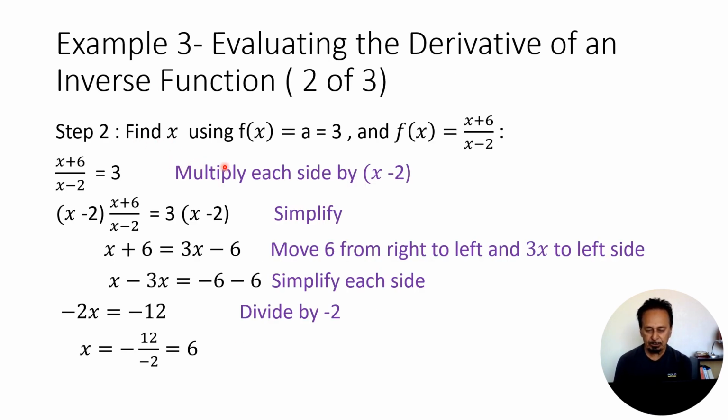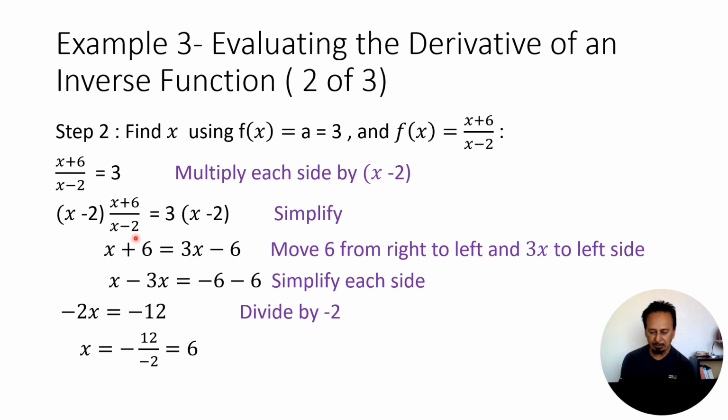We're going to find x using f of x equals a, and a is given as 3. So f of x is x plus 6 over x minus 2. We set x plus 6 over x minus 2 equal to 3 and then solve for x. This is a rational equation. We multiply both sides by x minus 2. So x minus 2 times x plus 6 over x minus 2 is equal to 3 times x minus 2.